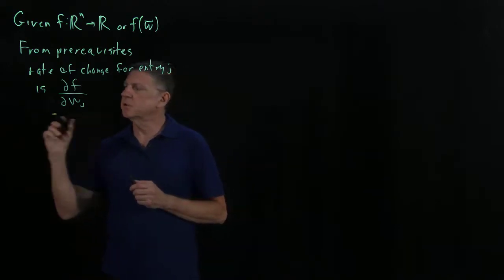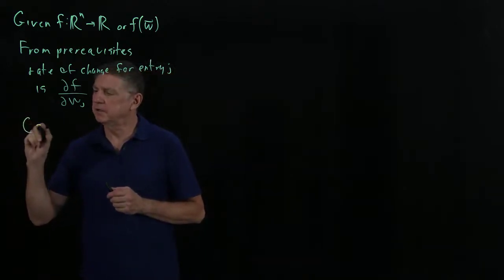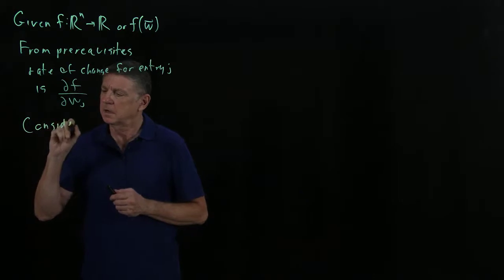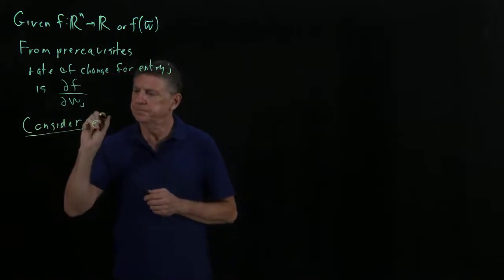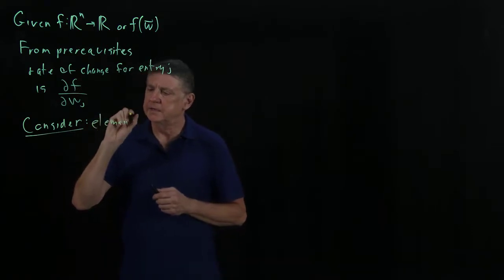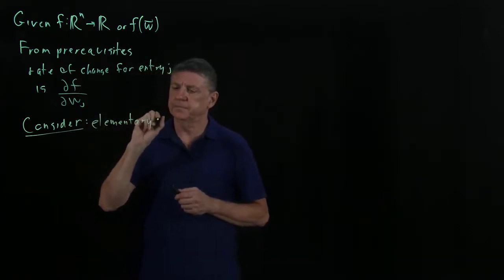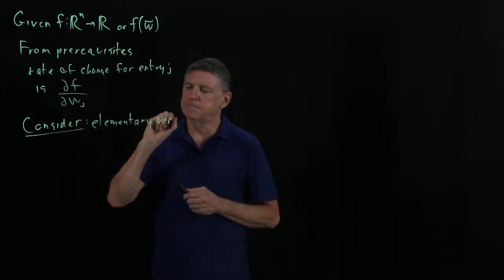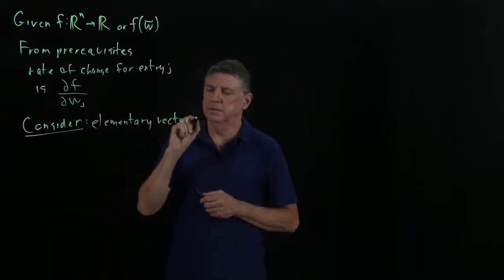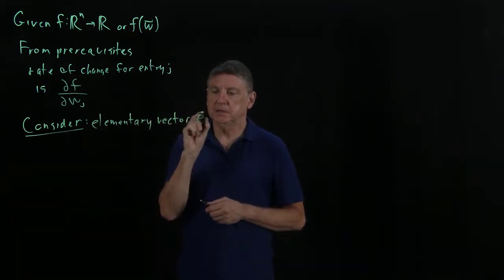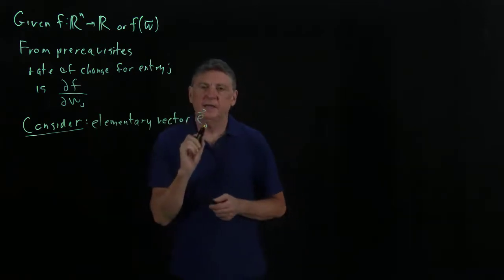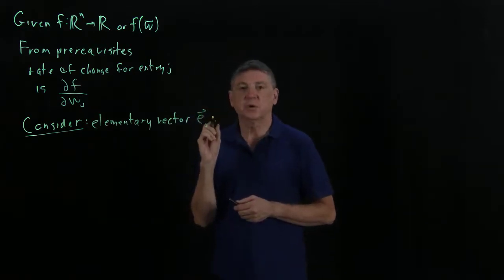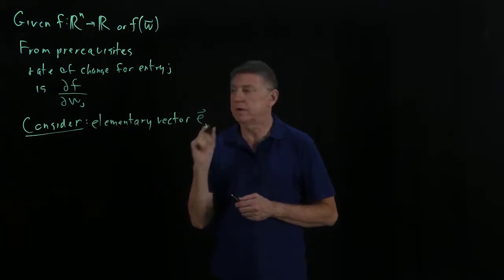Let's start by considering the elementary vector. An elementary vector is often written using the symbol E, and the jth one is a vector that is all zeros except that the jth entry is 1.